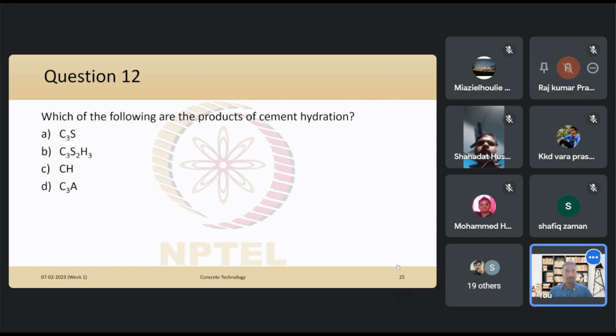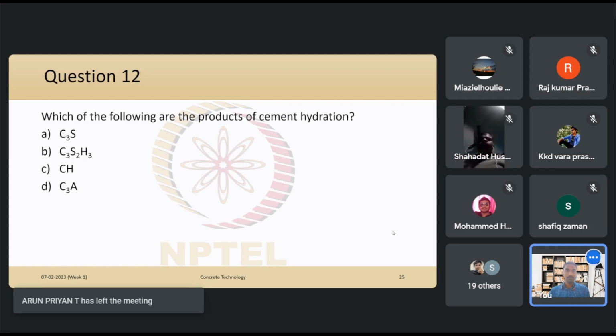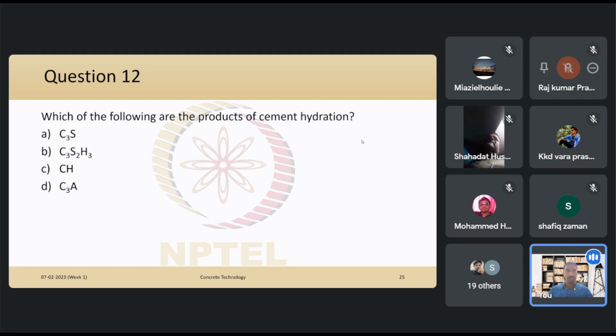There is almost equal vote for two options.